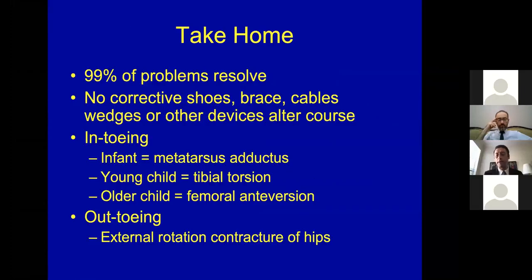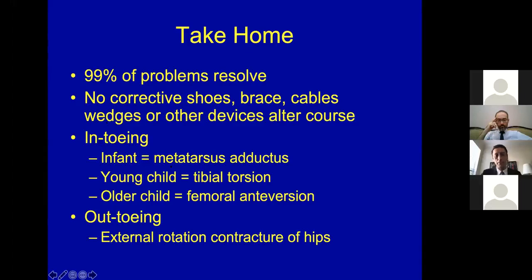You have to educate the parents: no corrective shoes, no braces, no cables, no wedges, and some kids put the right shoes on the left foot or the left shoes on the right foot, but this doesn't contribute. The only thing that corrects this deformity is that as the kids grow, the deformity improves by itself. There is no need for physical therapy, no medications, no braces.